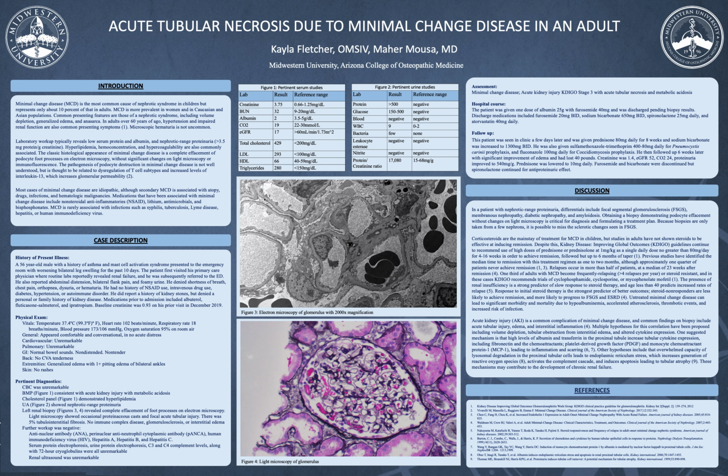And in those that do, relapses are very common in more than half of patients, and 1/3 of those patients who are treated actually become frequently relapsing, which means that they have more than 4 relapses per year, or they become dependent on steroids such that it's not effective. So at this point, in these cases, KDIGO recommends that we trial cyclophosphamide, cyclosporin, or CellCept as a treatment instead of steroids.